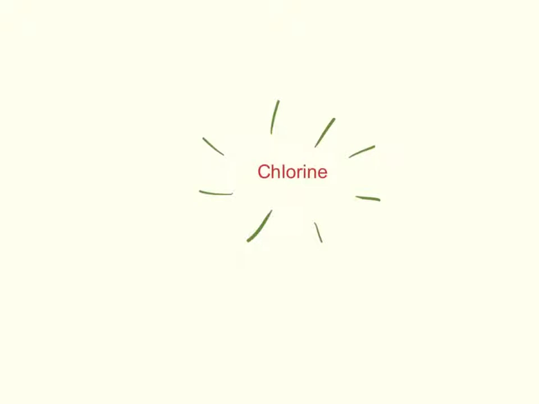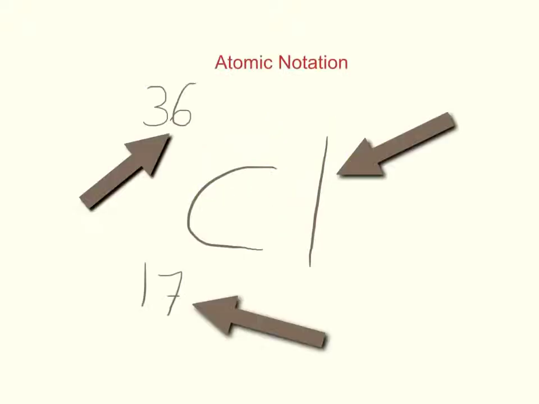We chose chlorine. Here's standard atomic notation for chlorine. This number right here is called the atomic mass.